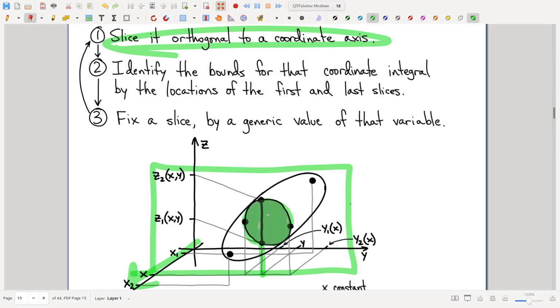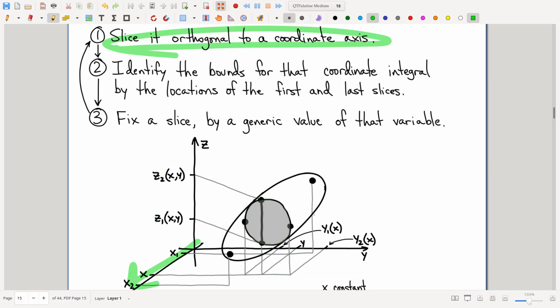Now I've got to decide where the first and last of such slices are. It's pretty easy in the case of this lump that I've drawn here: for that first slice, we're going to have just this point back here. That's where your vertical slices first touch the solid.